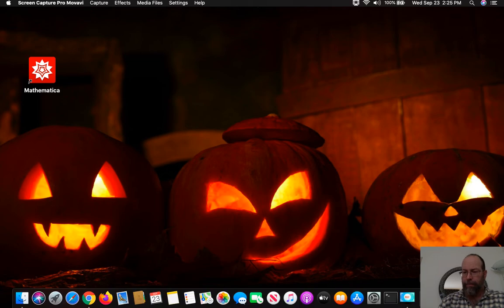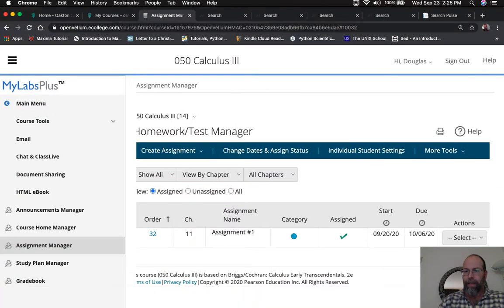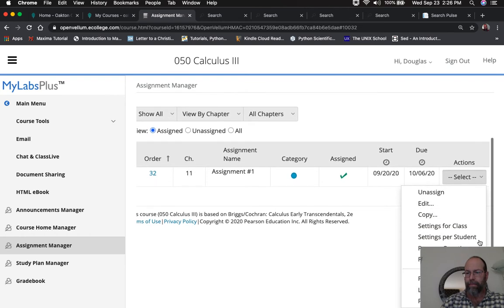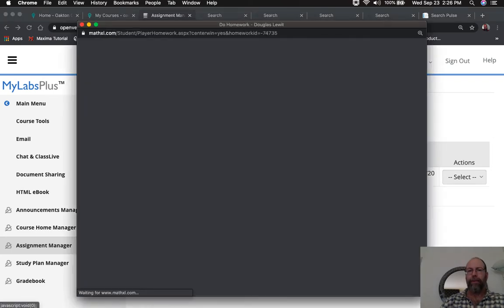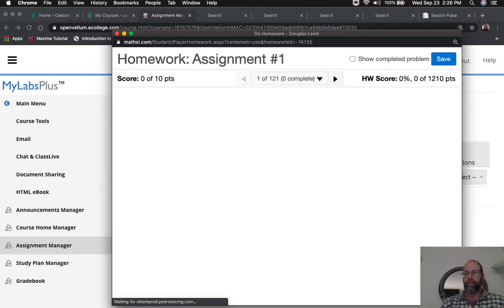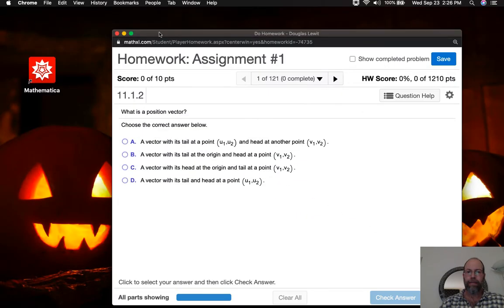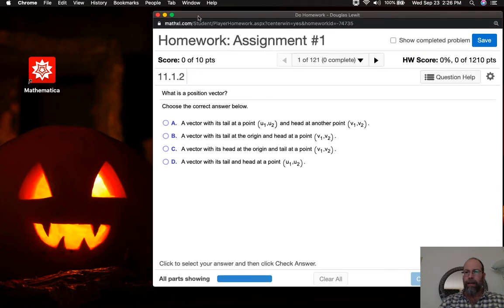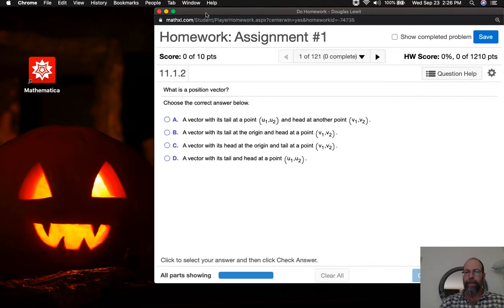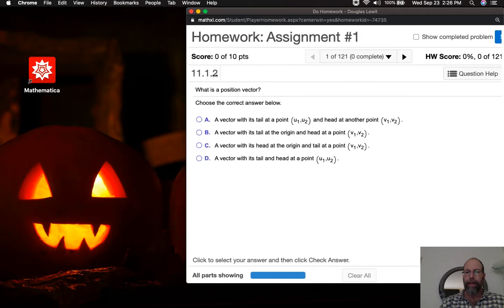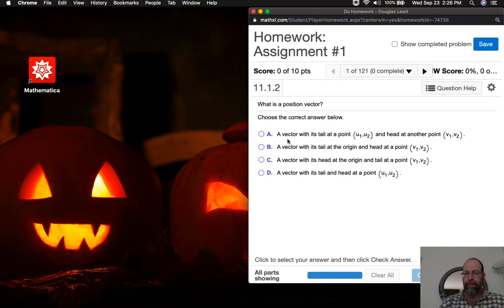Okay, so let's get going here. Let's take a look at your first homework. Let's see. Preview. Okay, let's minimize this. I'm going to move this over to the right side of the screen because I want to make room for Mathematica. Here we go.